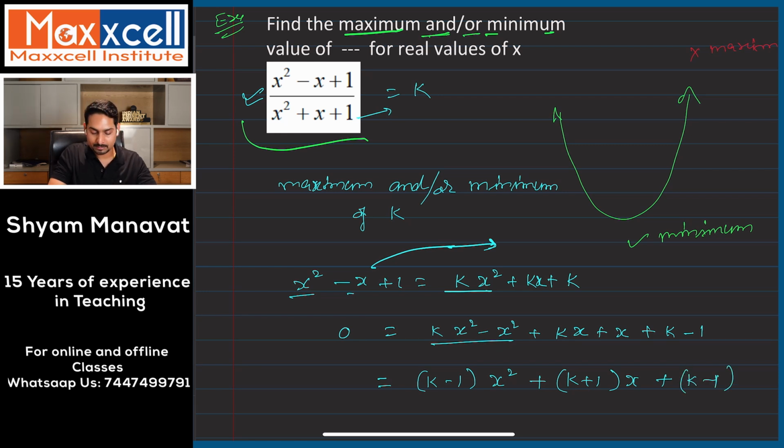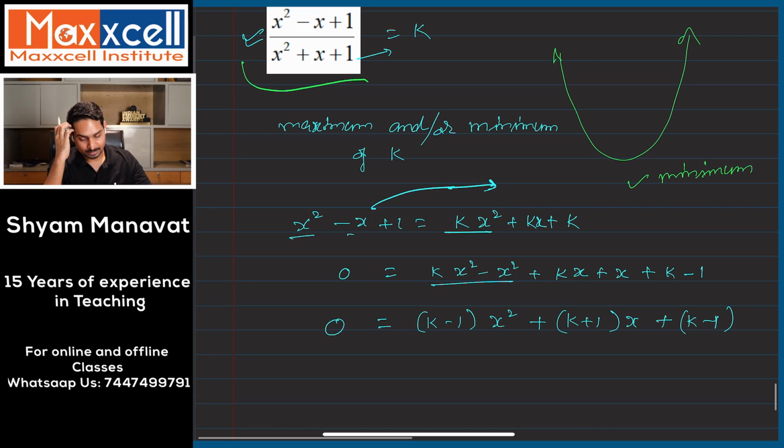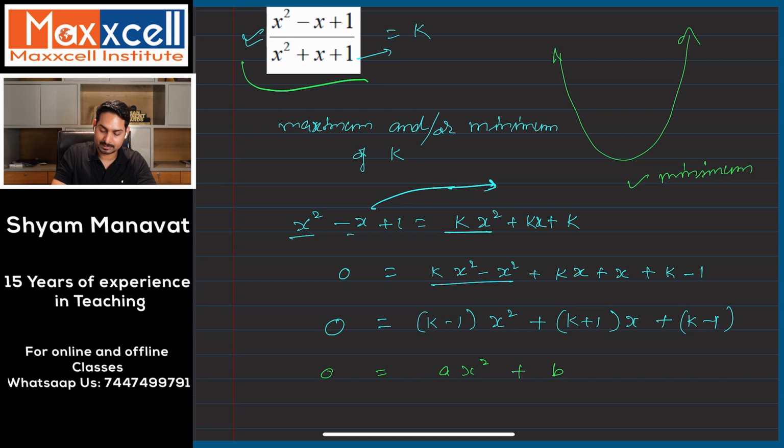Okay. Now, see, this is nothing but a quadratic equation, isn't it? Because this is equal to 0. If you compare this with ax square plus bx plus c, then it's not wrong. This is quadratic equation, correct? Where a is k minus 1, b is k plus 1, and c is k minus 1.